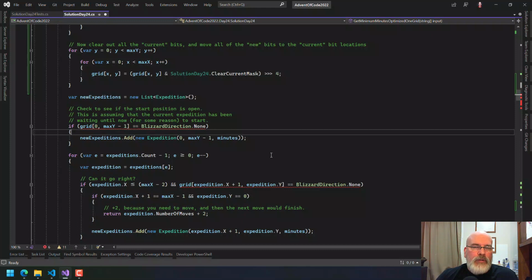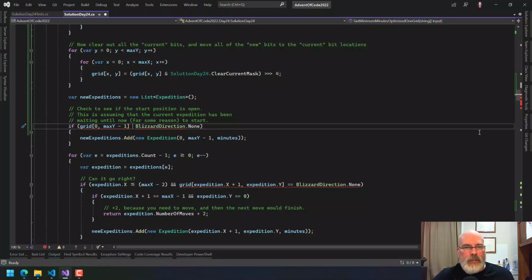Okay, so now what we can do is we need to see if the starting position is open, except sort of. We need to actually look at 0, 0 with the real 0. And so it's actually pretty good in that we want to look to see. Yeah, this was a little simpler because this was easy to say, well, you equal to none.